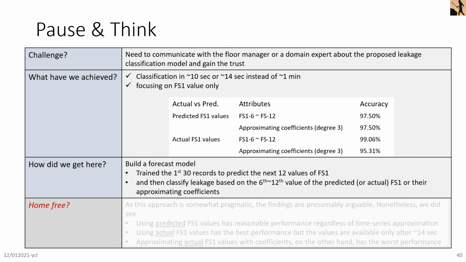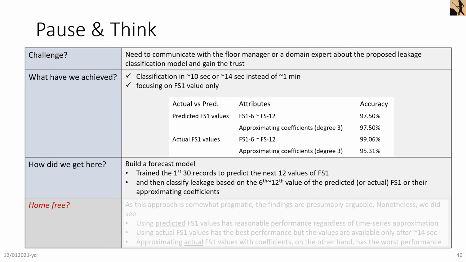So using the actual FS1 value actually runs pretty good, and the predicted FS1 value, whether using the values themselves or the approximating coefficient, looks about the same. On the other hand, with the actual FS1 value it probably fluctuates a lot, and when you use the approximating coefficient with degree 3, the accuracy drops.